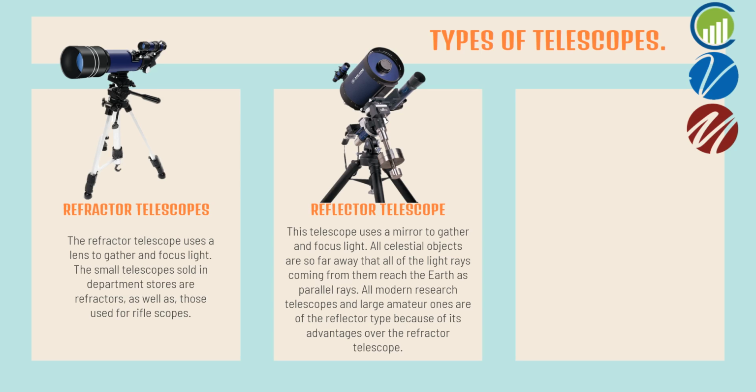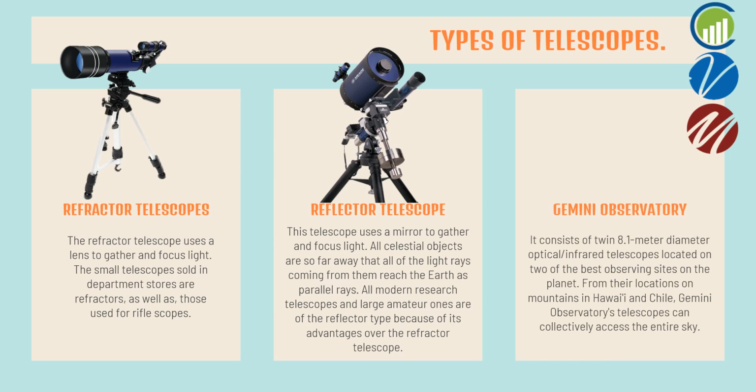Now, also, we have the observatories. A great example is the Gemini Observatory. It consists of twin 8.1 meter diameter optical infrared telescopes located on two of the best observing sites on the planet.